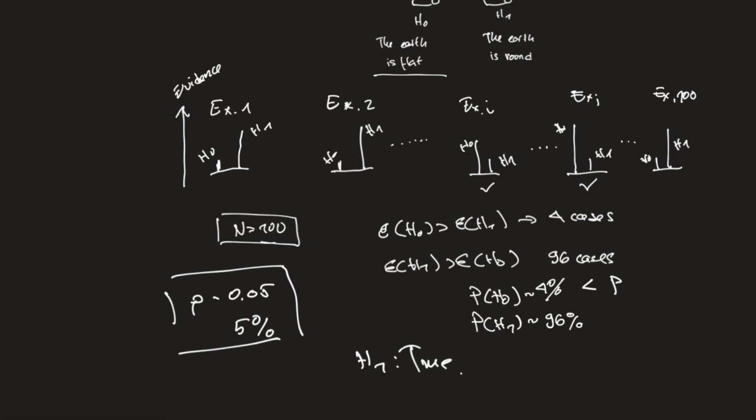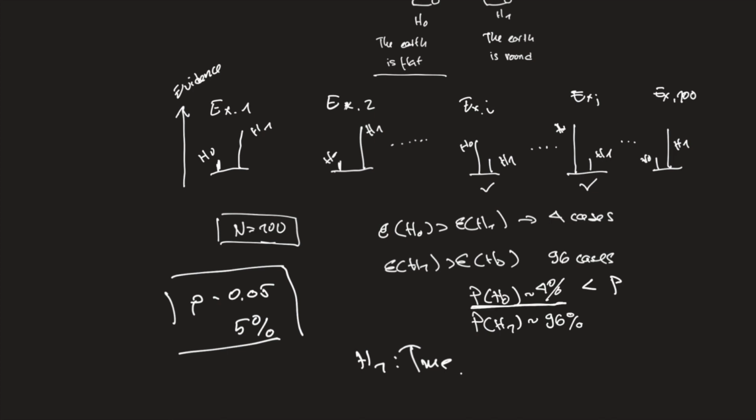Which makes sense. Essentially, we're saying, you know what, we are going to believe that this experiment is solid if we observe that the evidence indicates that the Earth is flat less than the criterion that we chose.